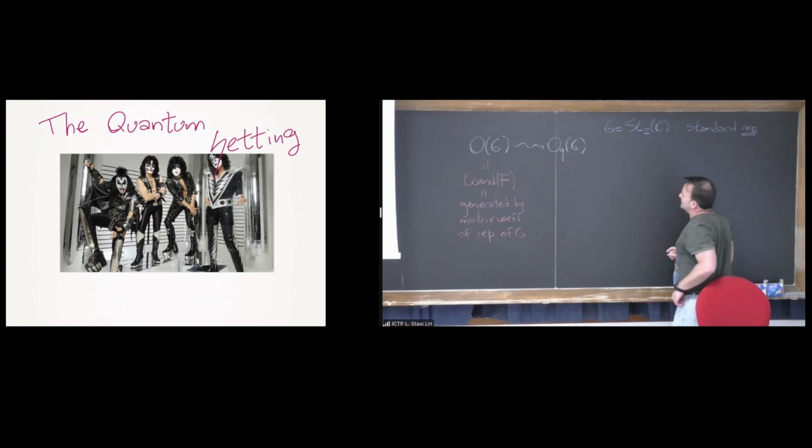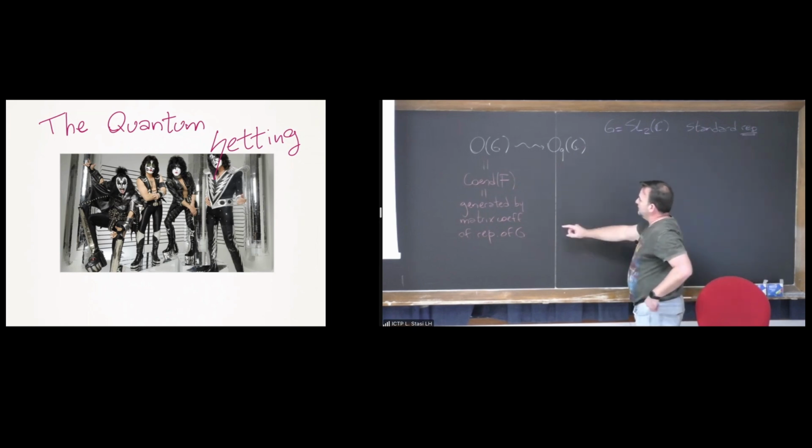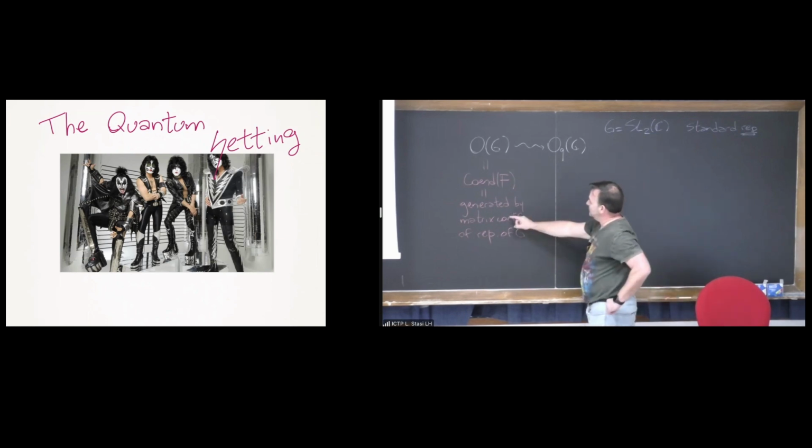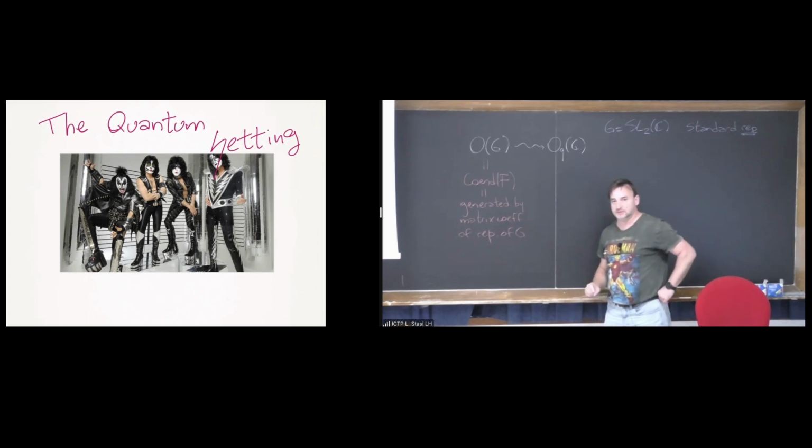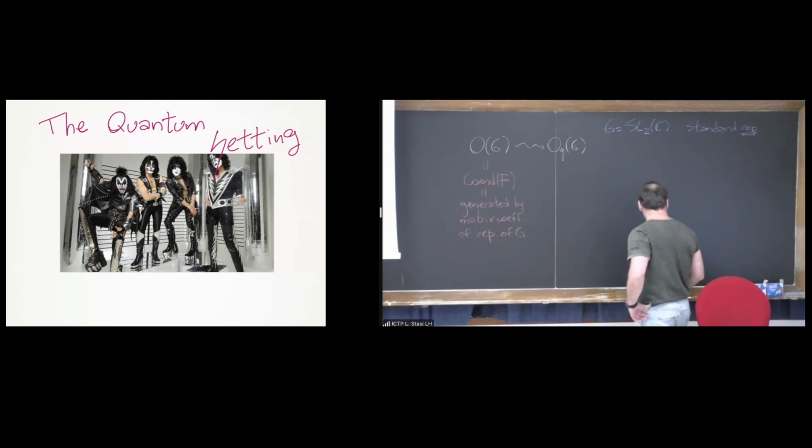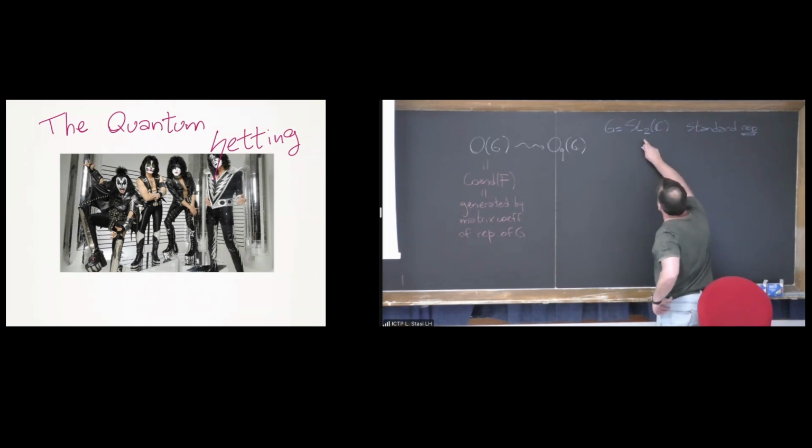So we need only one family of matrix coefficients. So how do we construct it?